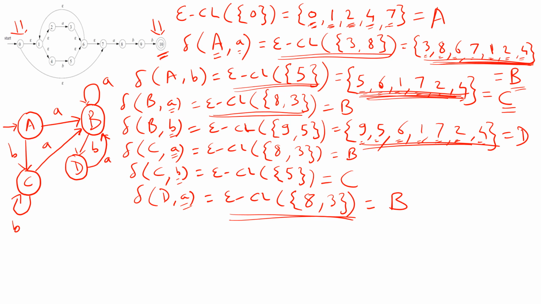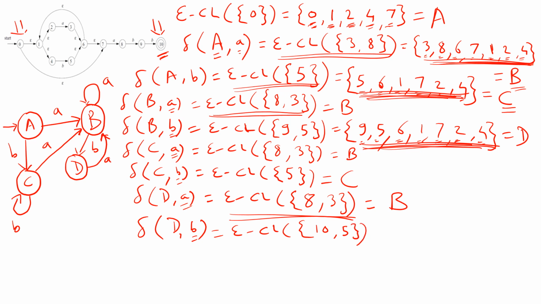Let's now figure out what we get for delta D comma B, which is epsilon closure of DB. Now this is your D and input alphabet is B. 9B takes you to 10. 5B, no, 6B, no, 1B, no, 7B, no, 2B, no, 4B takes you to 5.